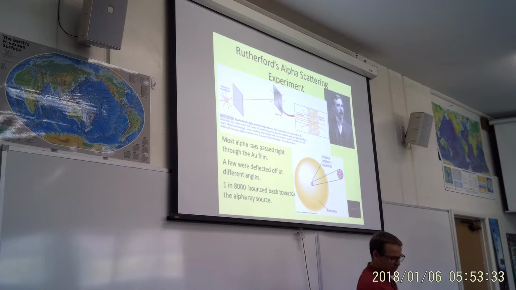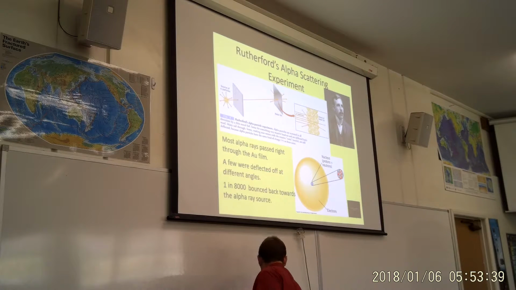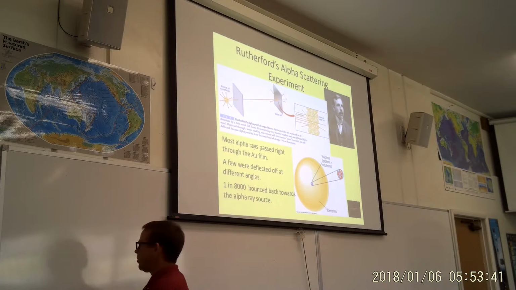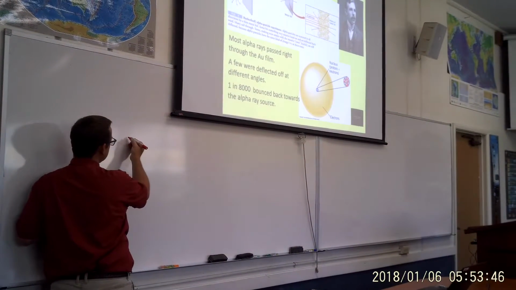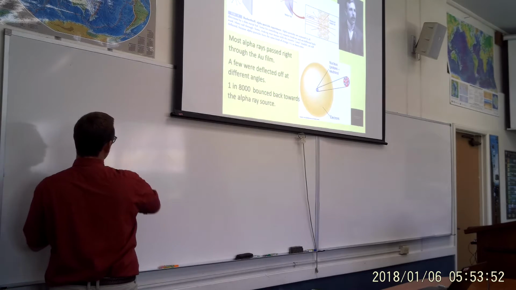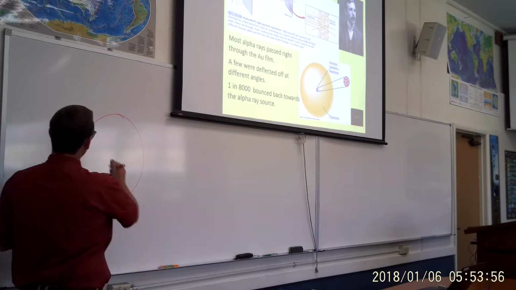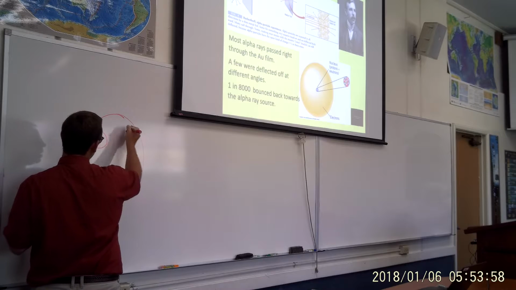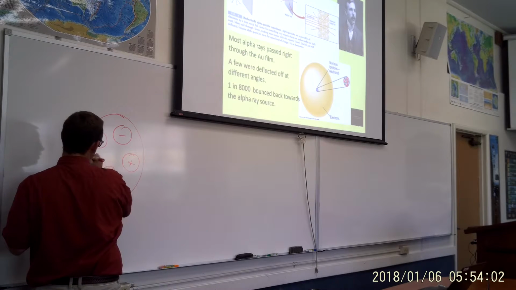All right, another big experiment which helped us come up with, from the beginnings of the data that was being collected, this idea that an atom was, they call it a plum pudding model, where they knew that there were some things that were positively charged, some things that were negatively charged, right?